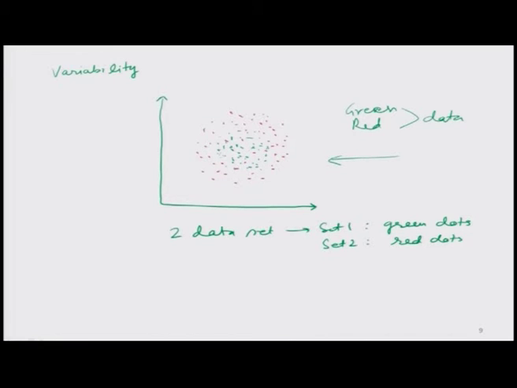So now when I try to plot it, what do you observe here? You can see here that the measure of central tendency of green dot and red dot, that is somewhere here. But the values which are denoted by green dots, they are concentrated only in this area, and the values presented in the red dots, they are concentrated in this area.